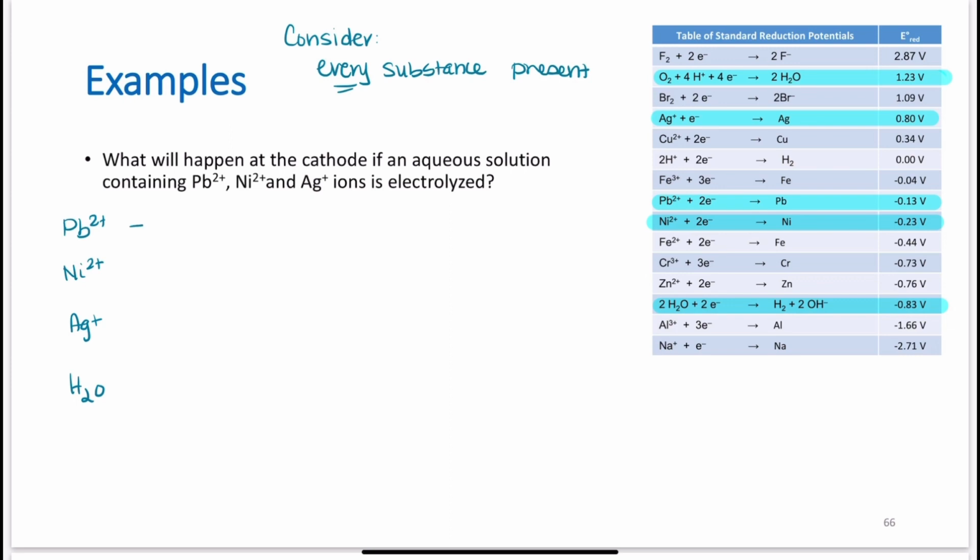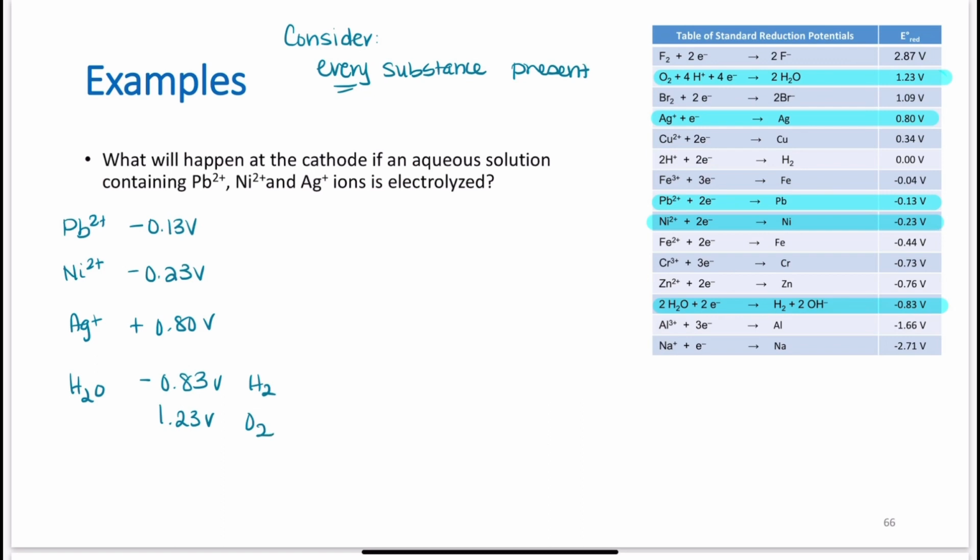For lead, that is negative 0.13 volts. Nickel is negative 0.23 volts. Silver, positive 0.80 volts. Water, negative 0.83 volts to form H2, or positive 1.23 volts to form O2.